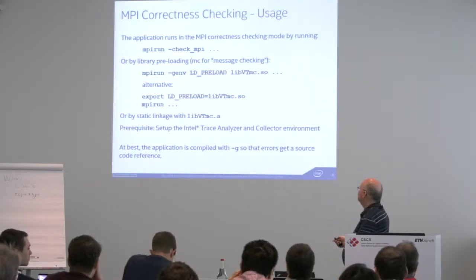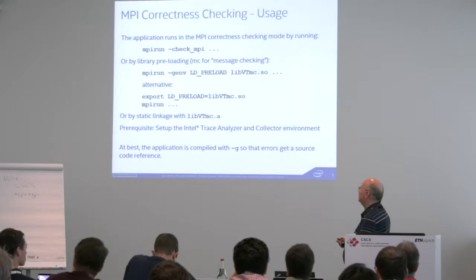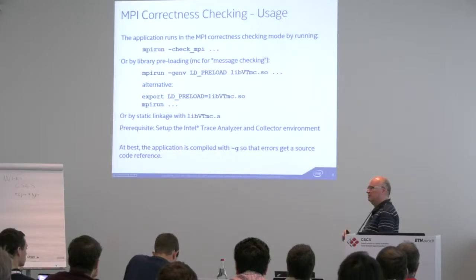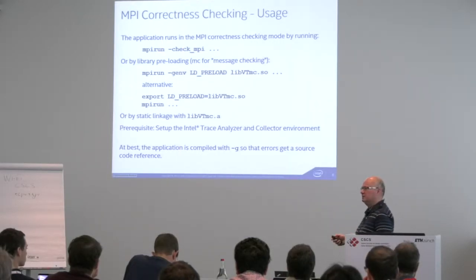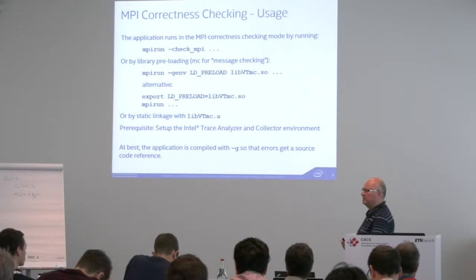I would say the best would be either LD_PRELOAD, if you have dynamic linking in your program, or probably static linking. In earlier days, it was necessary to have the right order of the linked libraries to really ensure that the wrapper is at the right place.